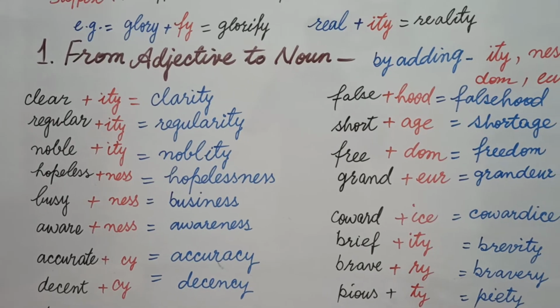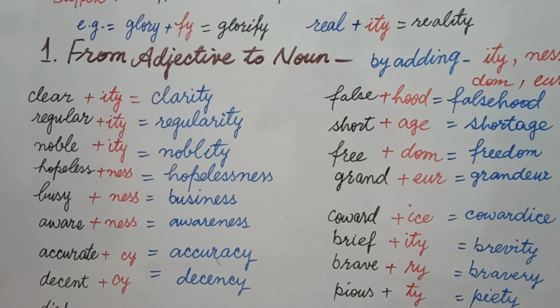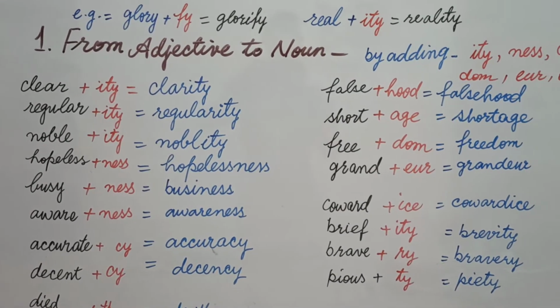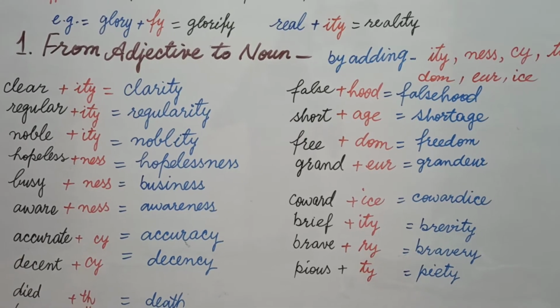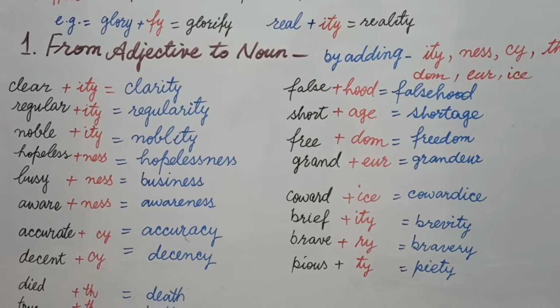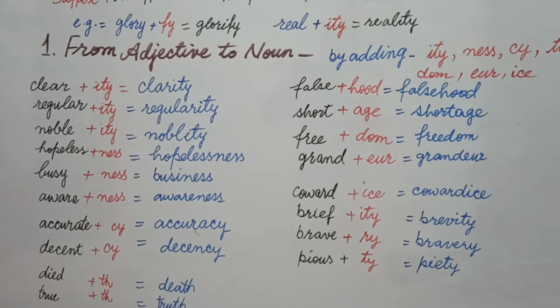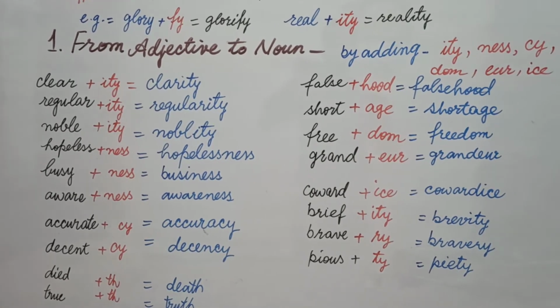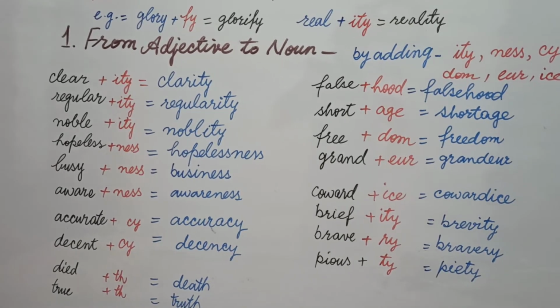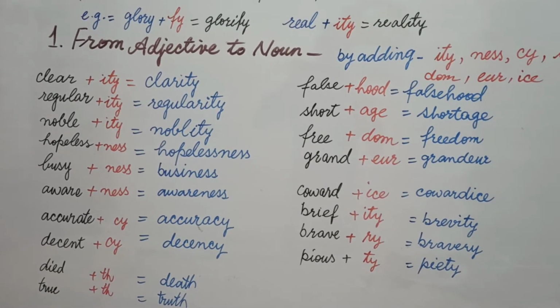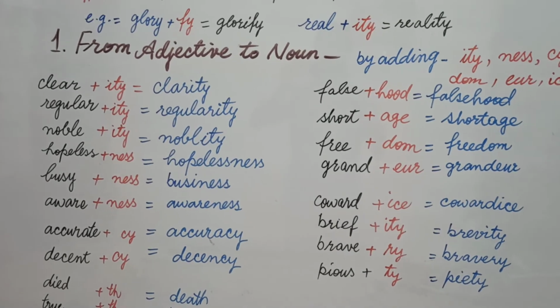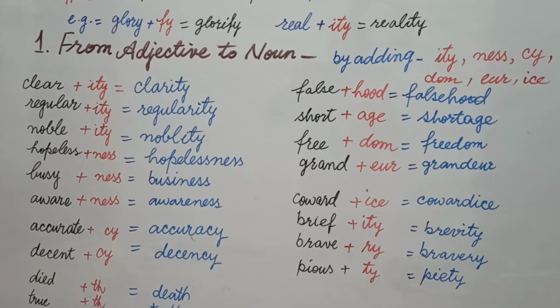Clear is an adjective, students, and first we have to understand what an adjective is. An adjective is a word that adds something to the sense of a noun; it describes the quality of some noun. You can say clear sky.